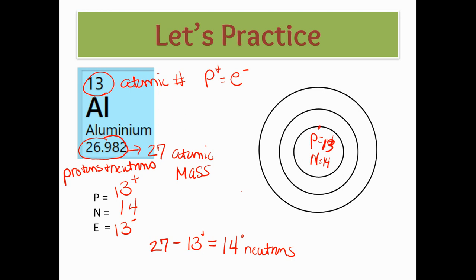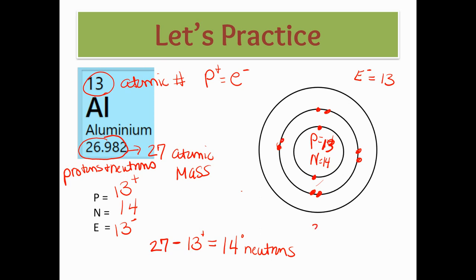On our first energy level, we're going to have 2. We know that our electrons have to equal 13. So we have 2, and then we're going to have 8 on the second energy level. So 1, 2, 3, 4, 5, 6, 7, 8.